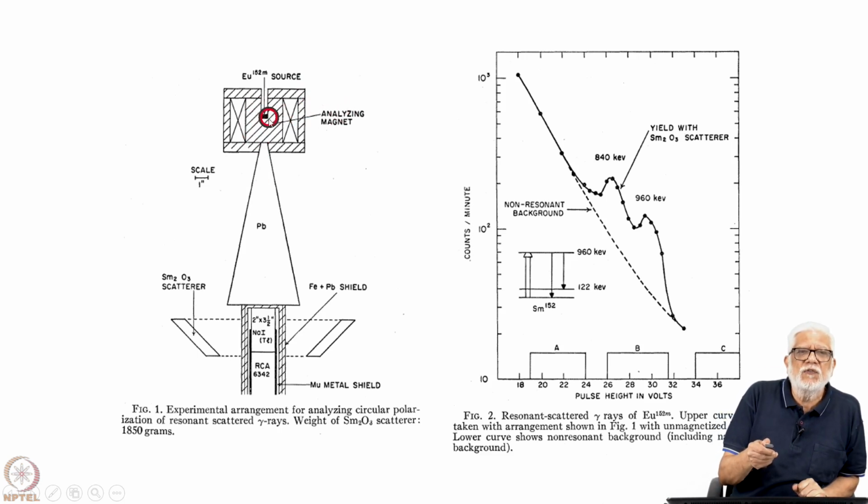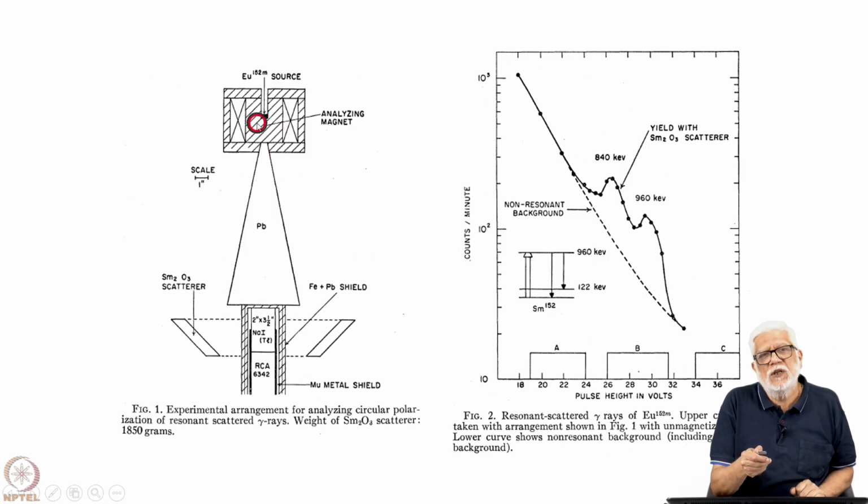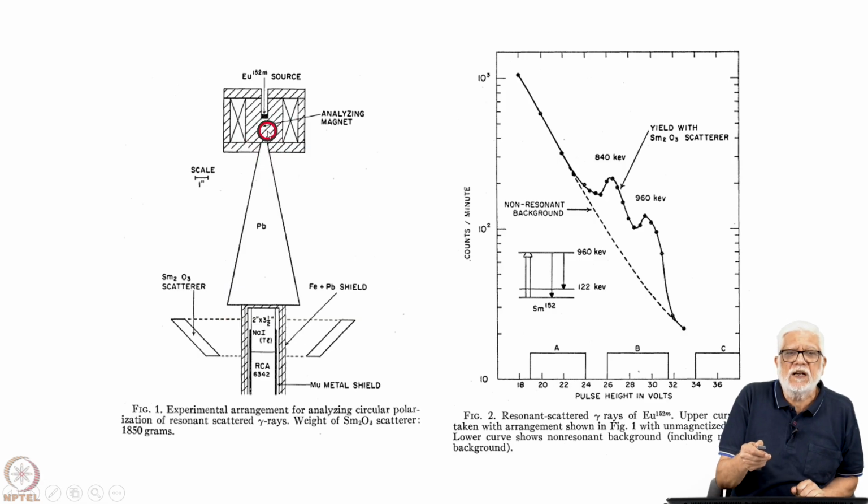So the Compton elastic scattering of the photons that are emitted after electron capture decay can scatter differently, because in principle elastic Compton scattering depends on the polarization of the electrons that scatter it.